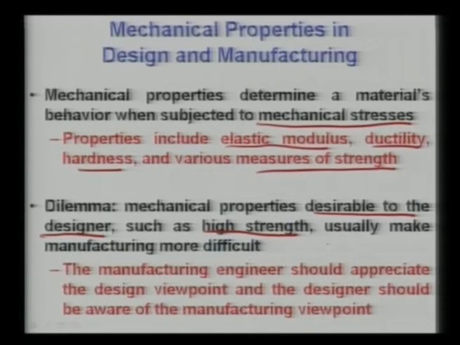So whatever is desirable to a designer many times makes it difficult for a mechanical engineer or material scientist to process that material, because manufacturing becomes more difficult for high strength materials. So this point is important, because these are some of the finer details that a student or researcher should understand or take note of.